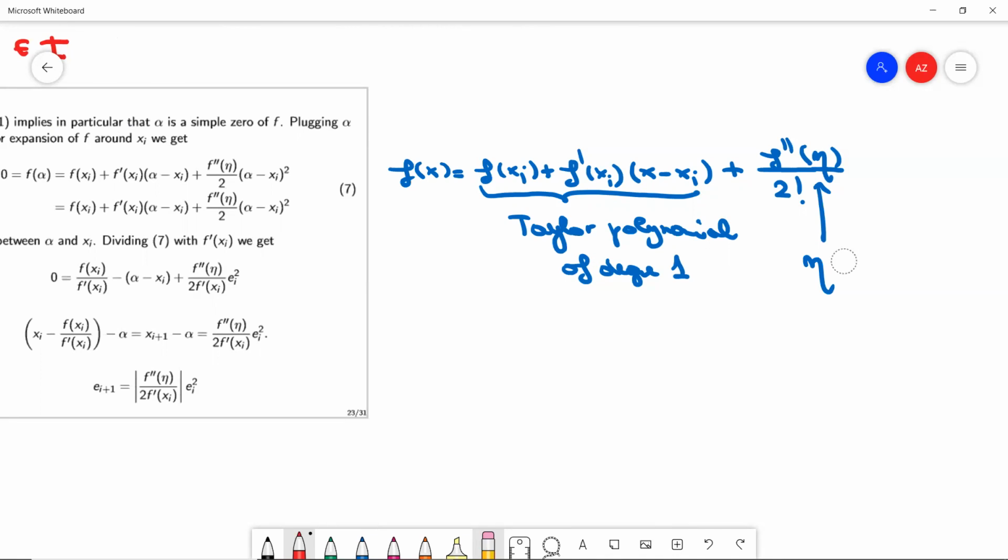So I will write eta between x and xi, times x minus xi squared. So this is the Taylor expansion, and this is the error. We know this from analysis.